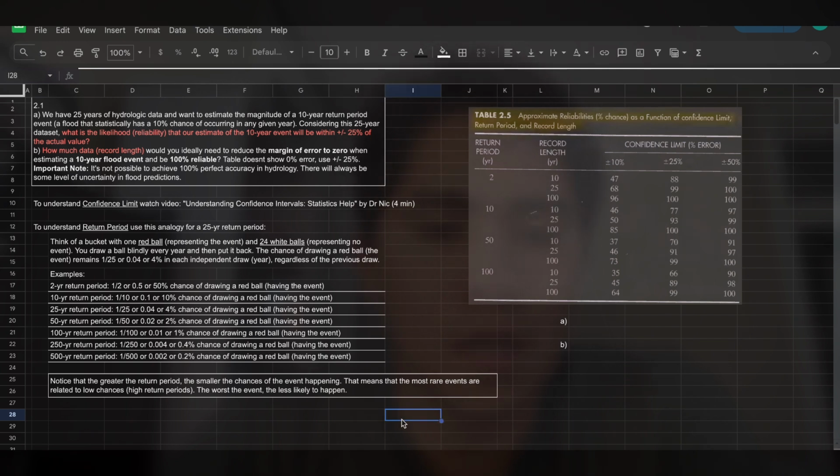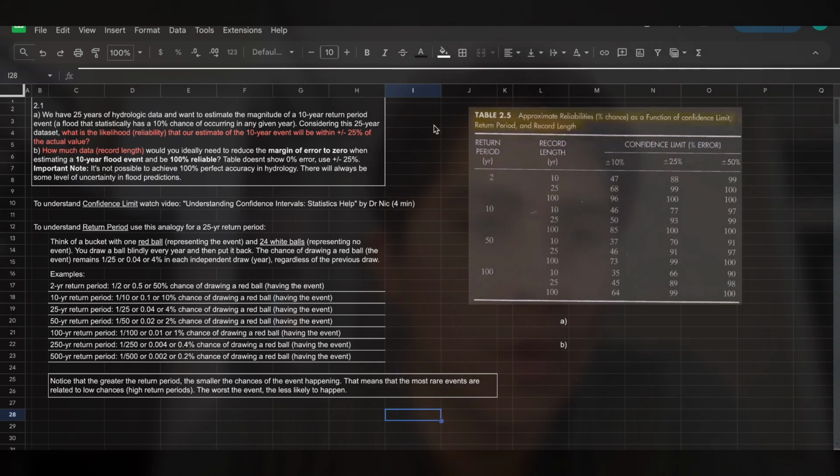Let's start with problem 2.1. As I mentioned in the previous video, I have reworded the problem so it's more clear and makes more sense, and it also gives me the opportunity to explain new concepts.